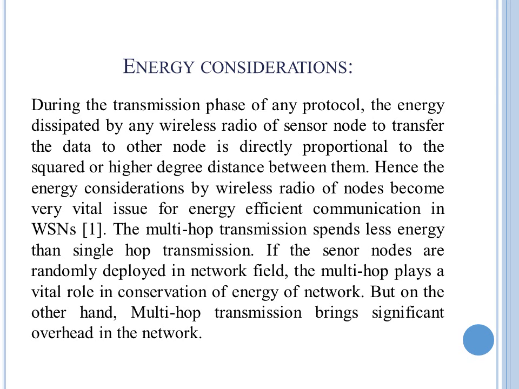But in multi-hop transmission, like in chain-based protocol, one sensor node communicates with another and then another, and finally the information is sent to the base station. Multi-hop plays a very important role in conservation of energy, but it also brings an overhead and massive delay in a network.